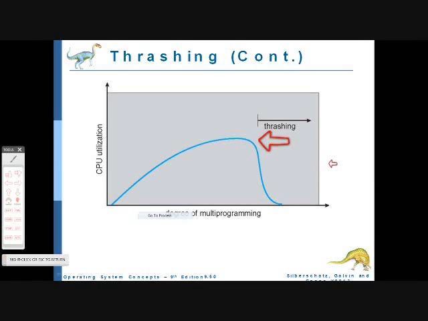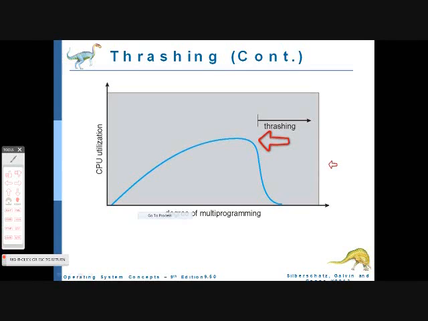Now, at this point right here, there is a decrease of CPU utilization as the degree of multiprogramming increases. Why? Because there will come a time when the processes will lack the frames or pages necessary for them to execute.